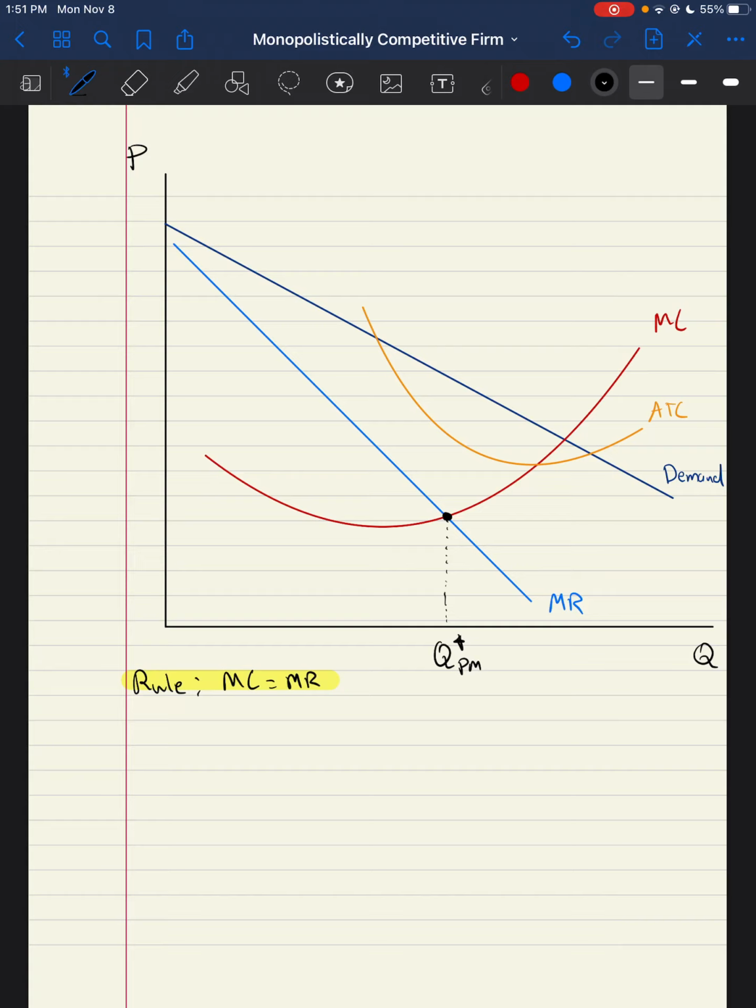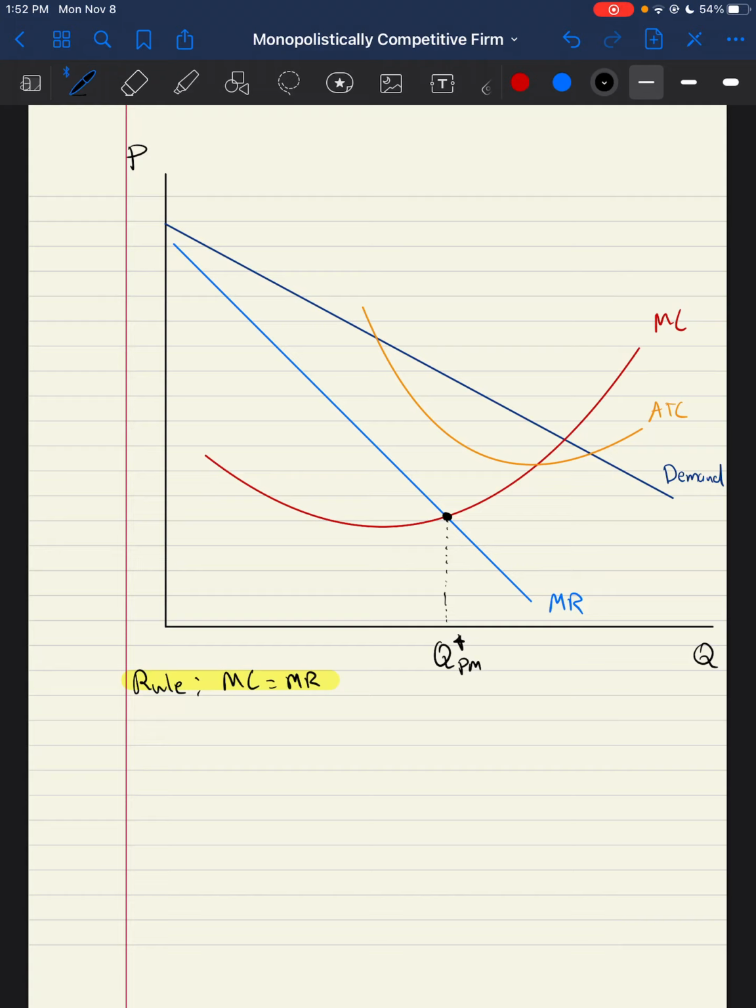And just like we did in perfect competition, we want to figure out, well, what's the price at this value? In perfect competition, because our demand curve was flat, the point where our marginal cost equals our marginal revenue was the price. But that's not the case in a monopolistically competitive market.